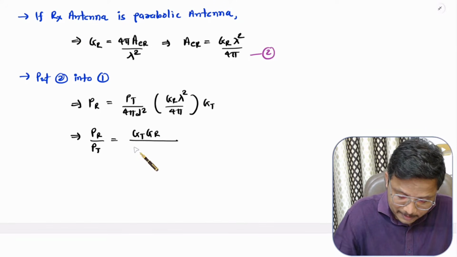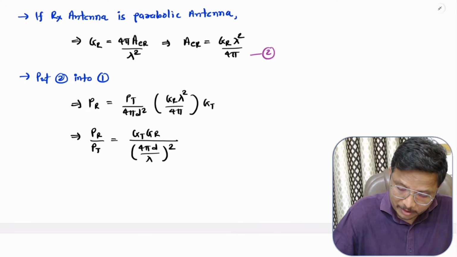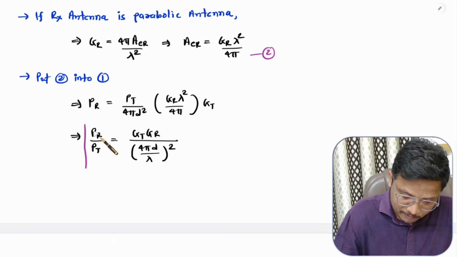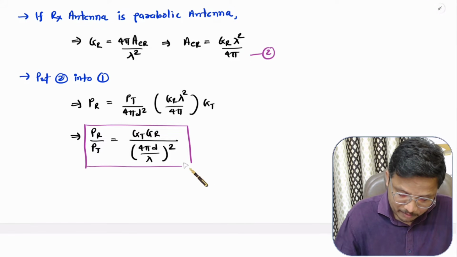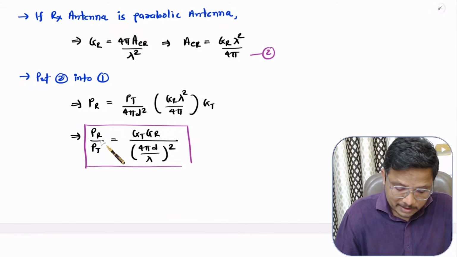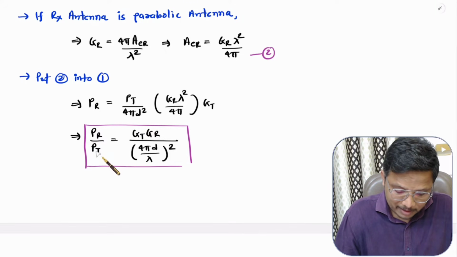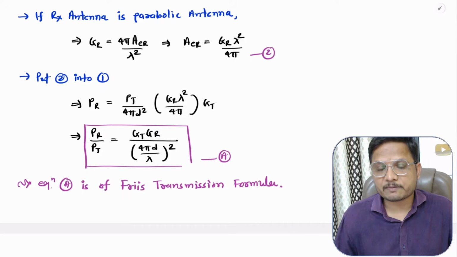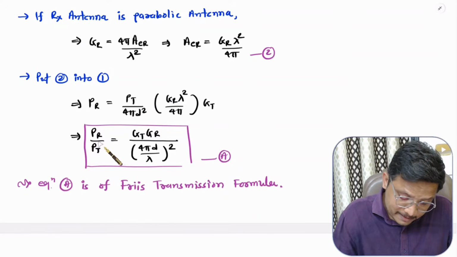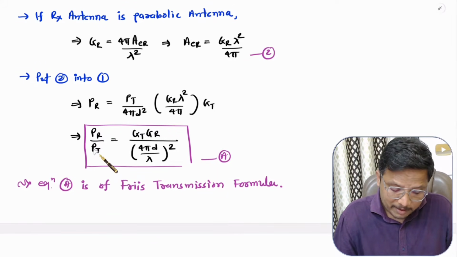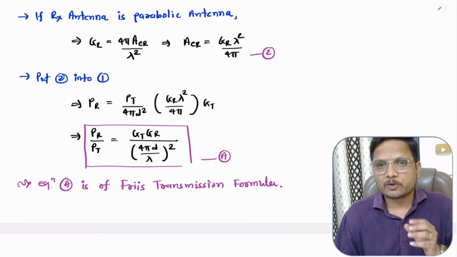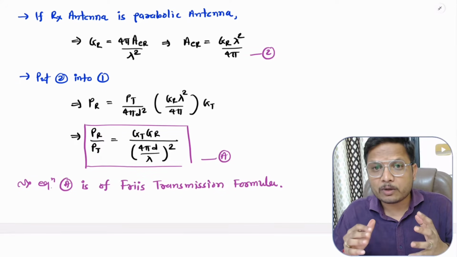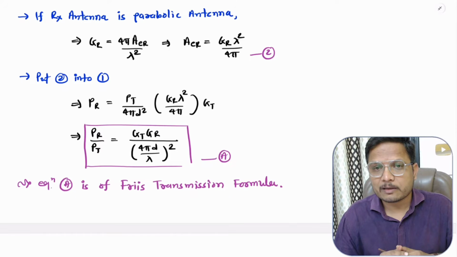So in the denominator we have 4 pi d by lambda whole square. This is the Friis transmission formula, which explains the relation between received power and transmitted power. It gives you an idea about the transceiver system.